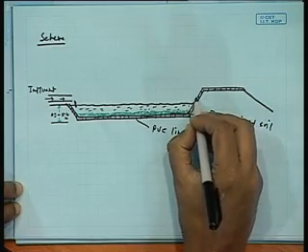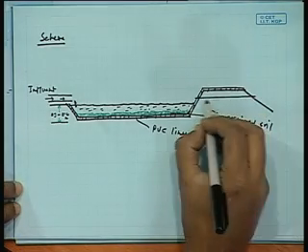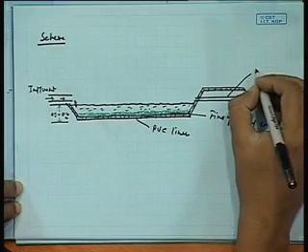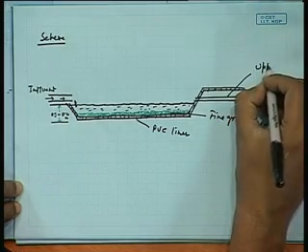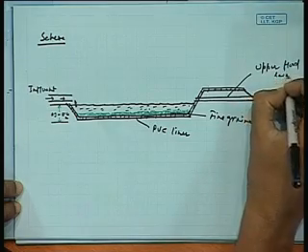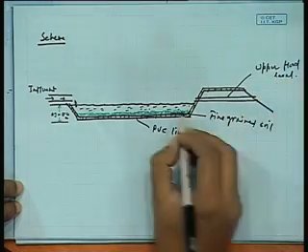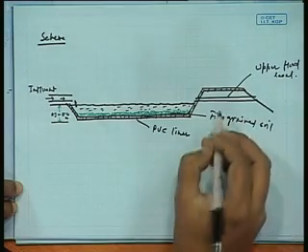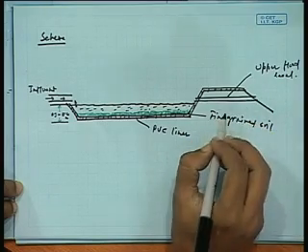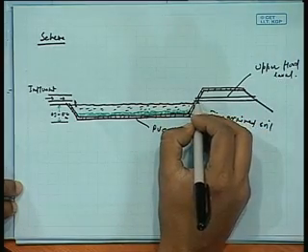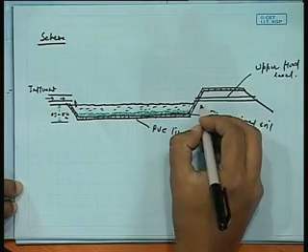We would try to keep an upper flood level, so that if the water is more than that, it would be passed out. At the upper flood level there will be a pipe through which the water would be passed out.